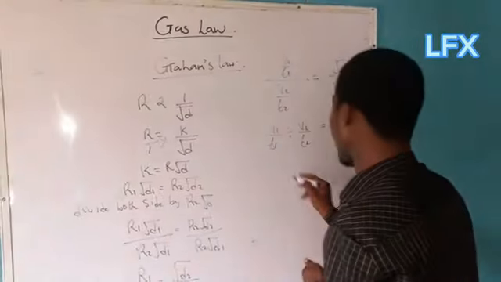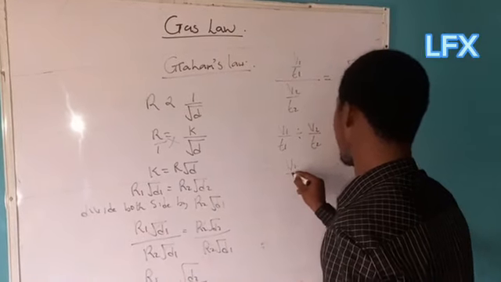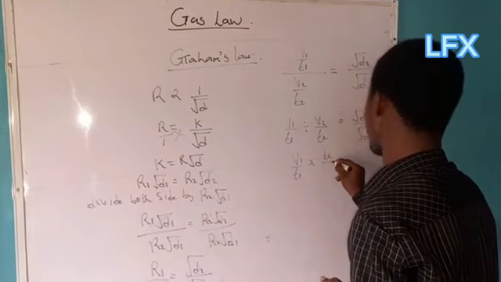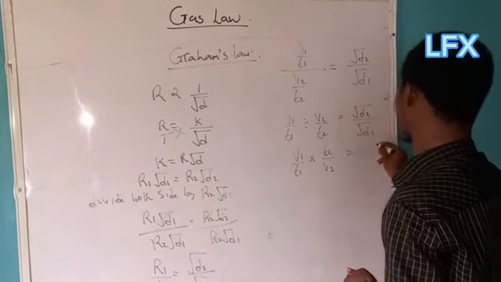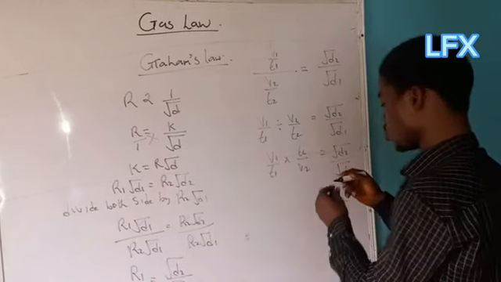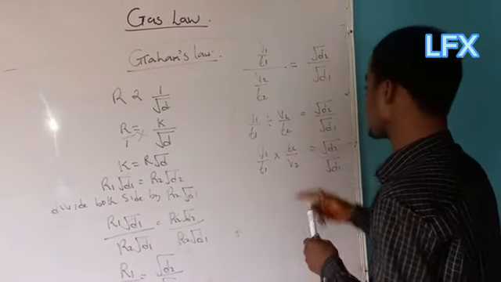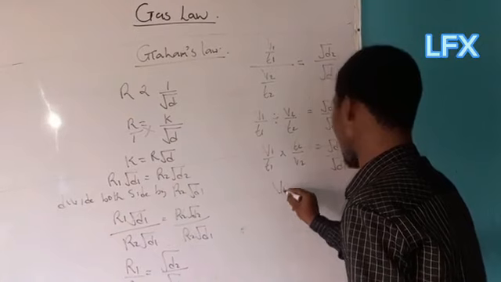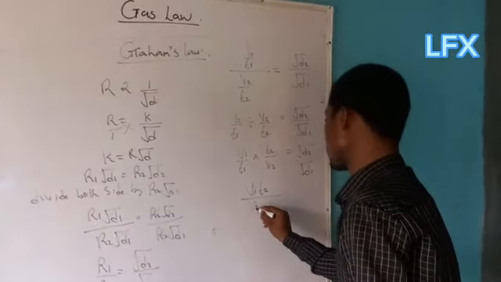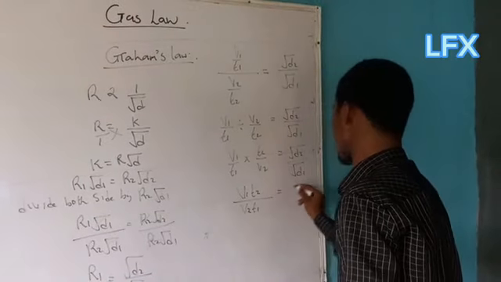And if I do that, I'm going to have V1 over T1 multiplied by T2 over V2 equal to the square root of D2 divided by the square root of D1. So V1 multiplied by T2 gives V1 T2, divided by V2 multiplied by T1, which gives V2 T1.